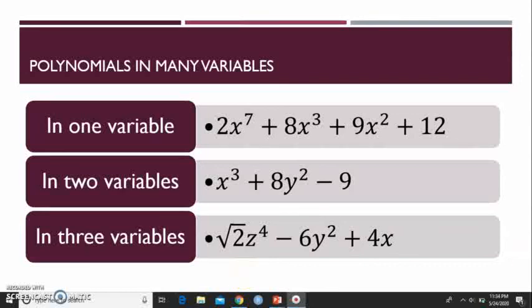We shall be interested in studying polynomials in one variable.